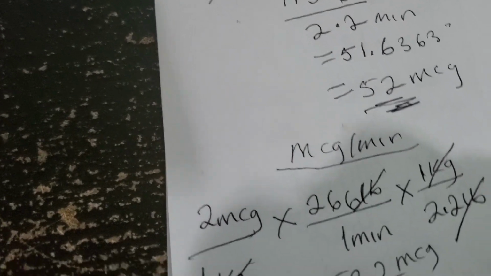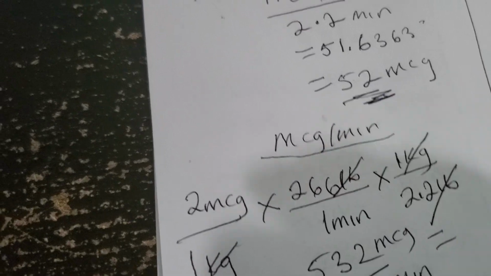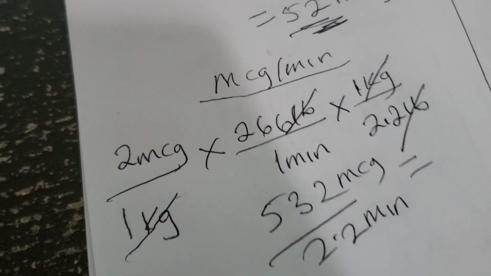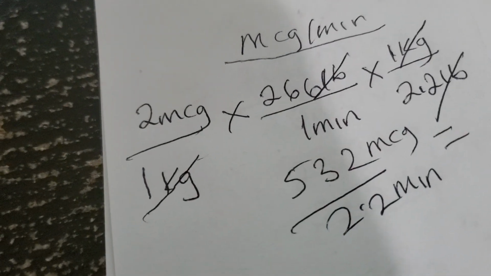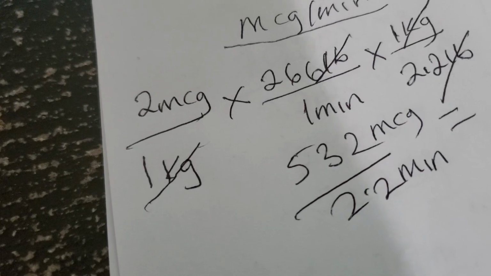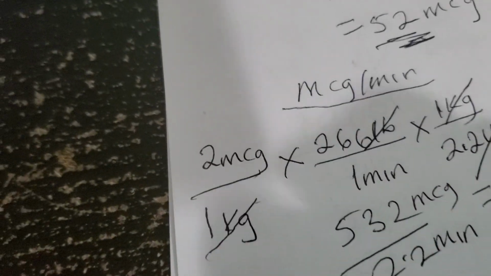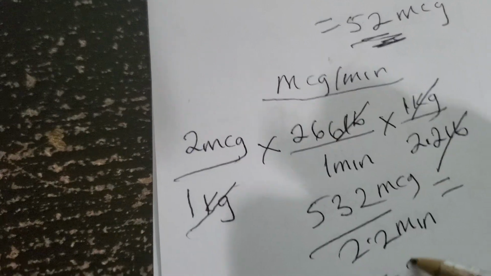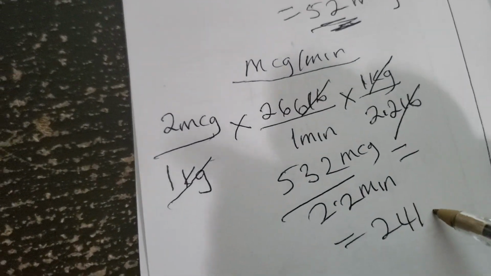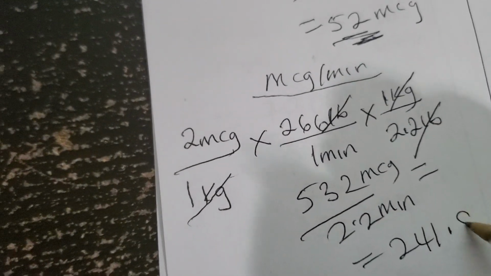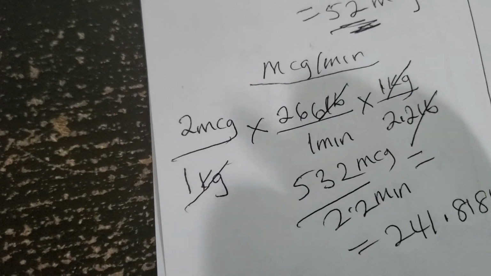This is microgram, this is minute. So 532 divided by 2.2 should give us 241.818181.